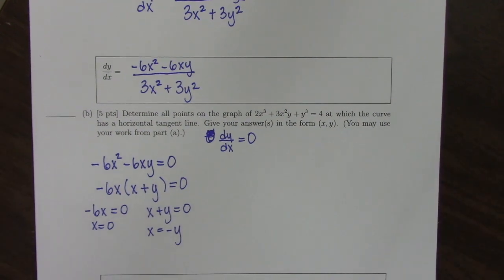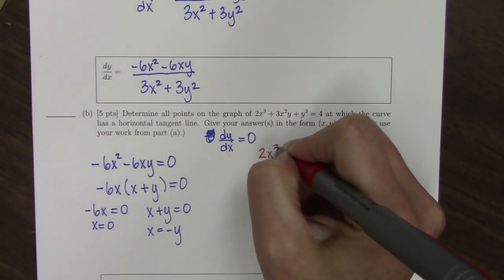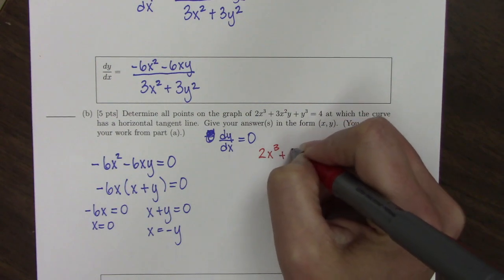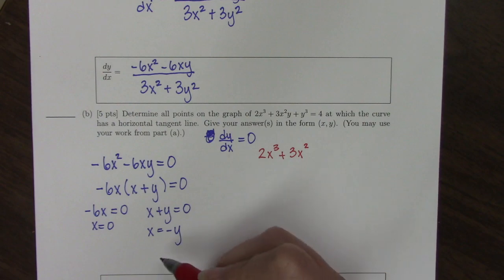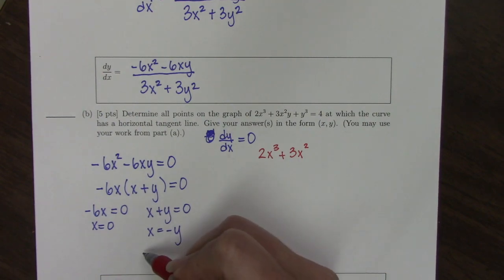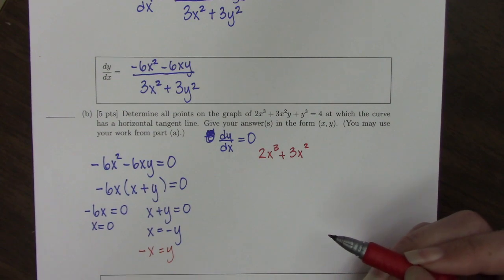We do this because when you have two variables and two unknowns like we have here, you need two equations to solve. The first equation we used is the derivative. The second equation we're going to look at is the original function we were given. So 2x cubed plus 3x squared y... well, if x equals negative y, that's the same thing as saying y equals negative x.